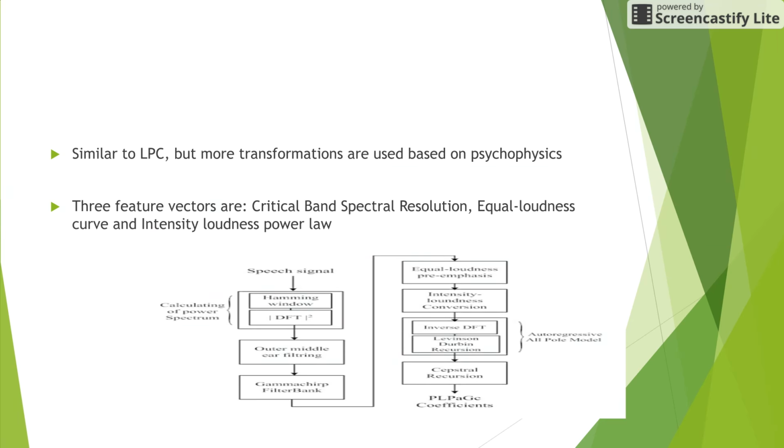Initially, the speech signal goes into the Hamming window, and then the DFT analysis is done on that. Now, the outer middle ear filtering is done, where you extract the signal from the data, and then it is sent to the gammatone filter bank, and then the equal loudness pre-emphasis phase.